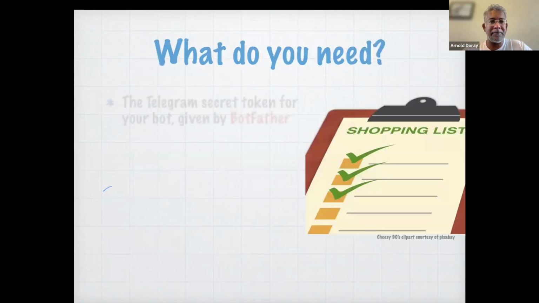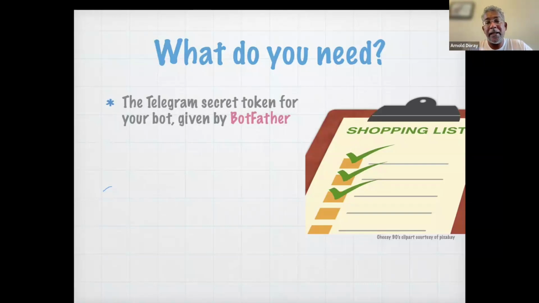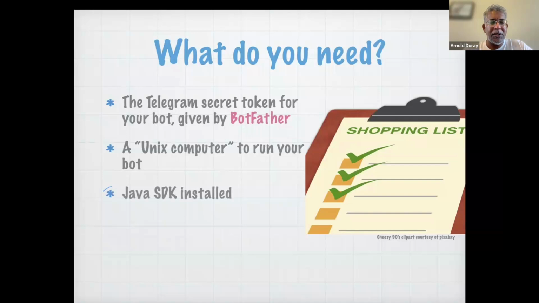So what do you need for this to work? First of all, you need to get a secret token from BotFather. You also need a Unix computer, which I'll come to shortly, to run the bot itself. You also need the Java software development kit. Francis did talk about this part, and I will go through it in a bit more detail so you can see how this is done, maybe for other OSs like Mac OS.